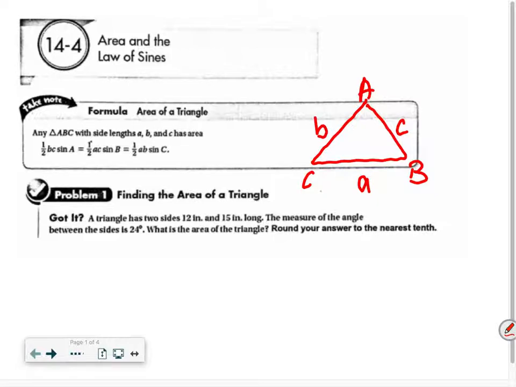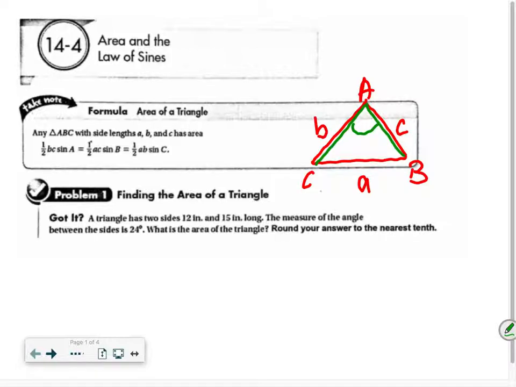When it comes to our formulas, you'll notice we have a bunch of different formulas. Let's go through the first one. If I take half of lowercase b, so side b, times side c, and take the sine of angle A, it'll give me my area.